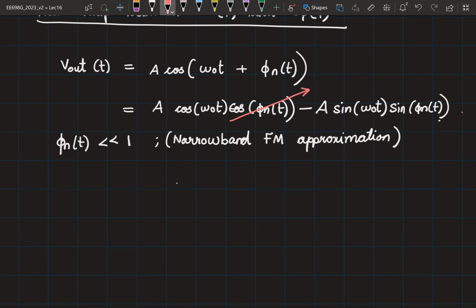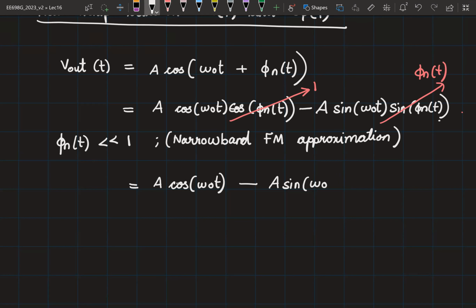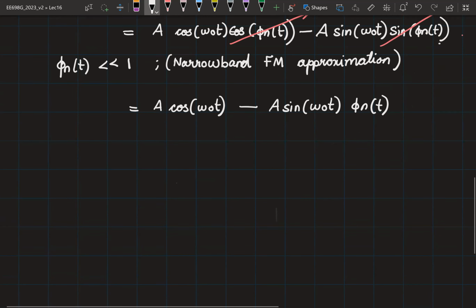Cos phi n is equal to 1, then sin phi n is phi n of t. This is clear? So then this becomes A cos of omega naught t minus A sin of omega naught t into phi n of t. Okay, so now let us look at the voltage.